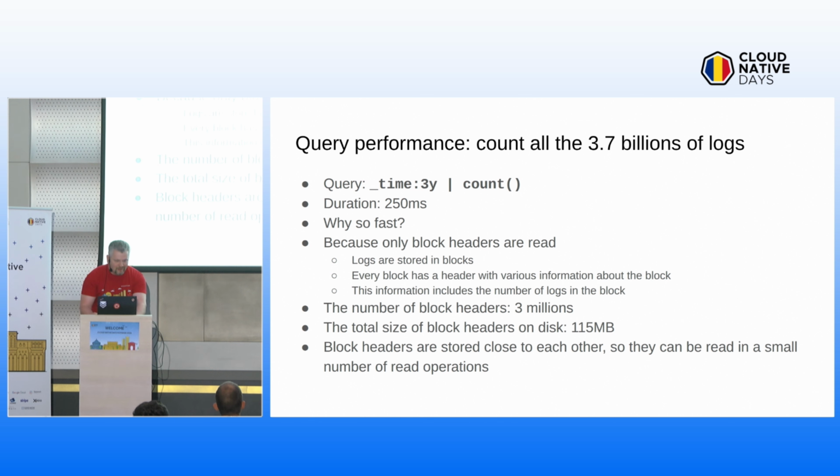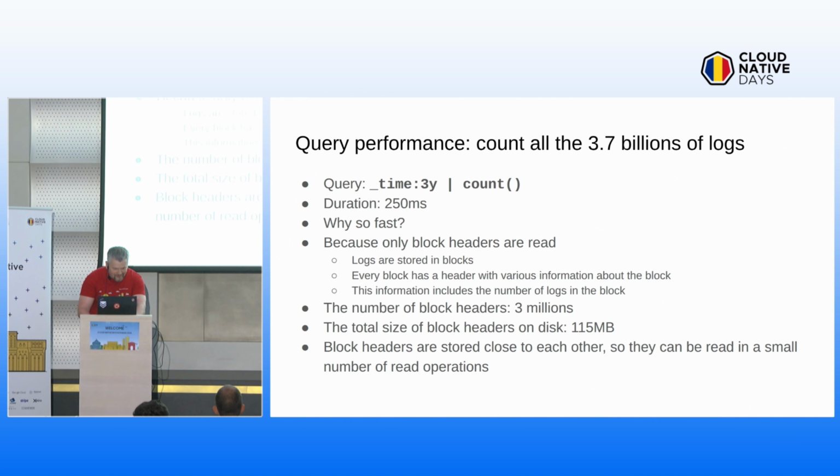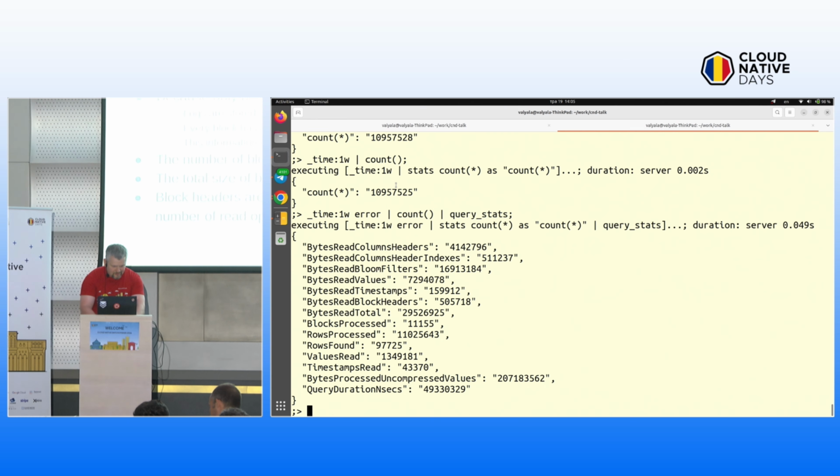Let me check my time. Okay, I can show you a live demo for this query and show some details. So here is a command line interface for querying VictoriaLogs. It is already set up for querying this staging system, and we can execute this query here.